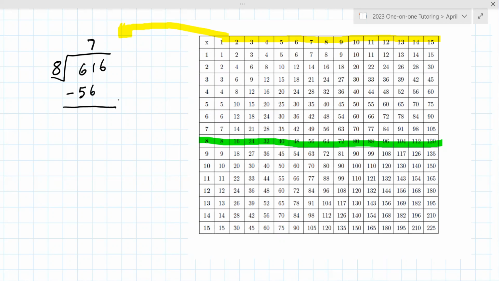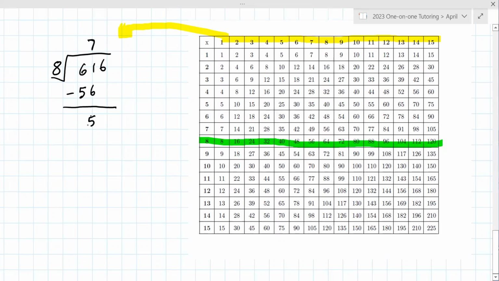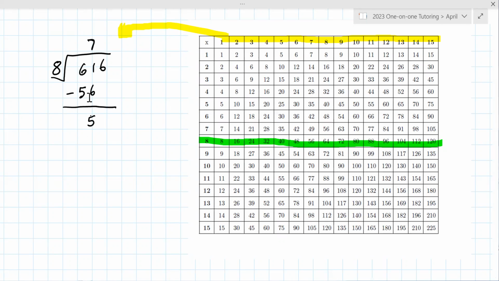It is 5, just 5. If you count up from 56, 57 is 1, 58 is 2, 59 is 3, and so on. That's how you count up here. So bring the 6 down.